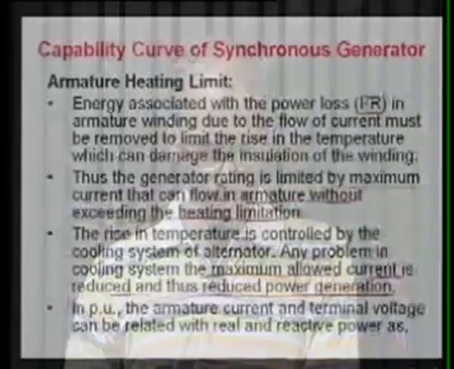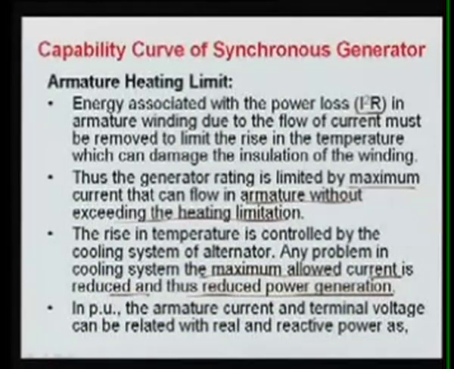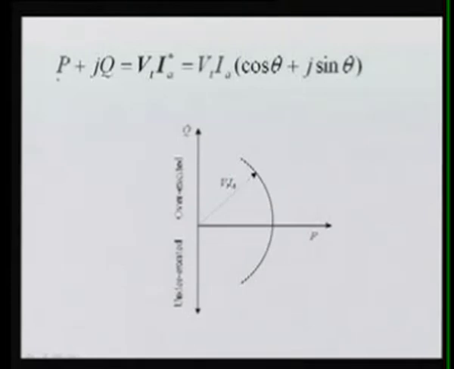In per unit, the armature current and the terminal voltage can be related with the real and reactive power with this equation: real power P plus j reactive power Q equals Vt, the terminal voltage, times the conjugate of the current that is flowing.